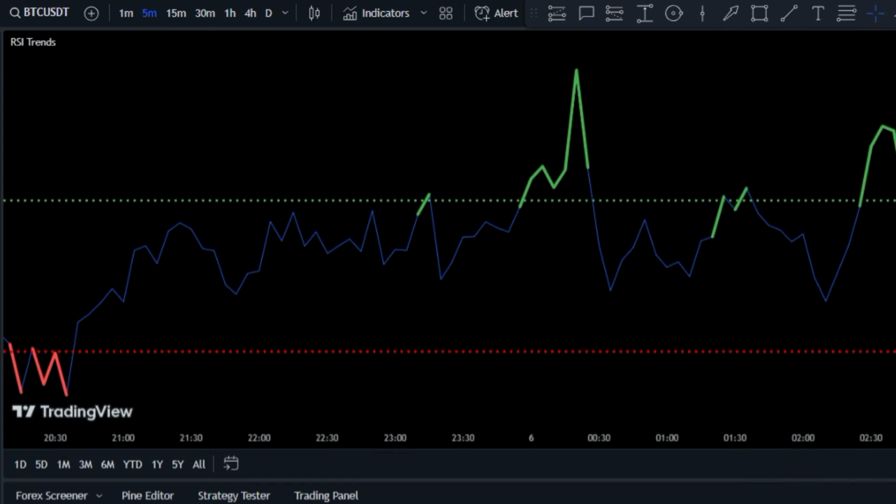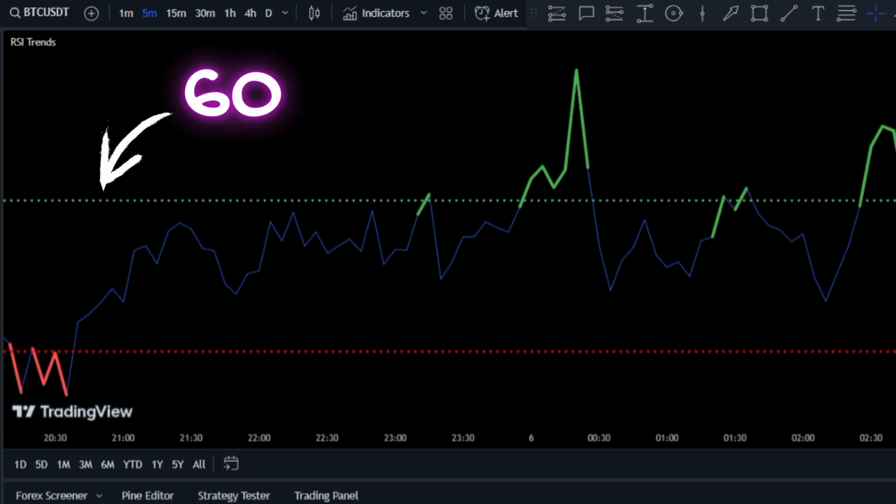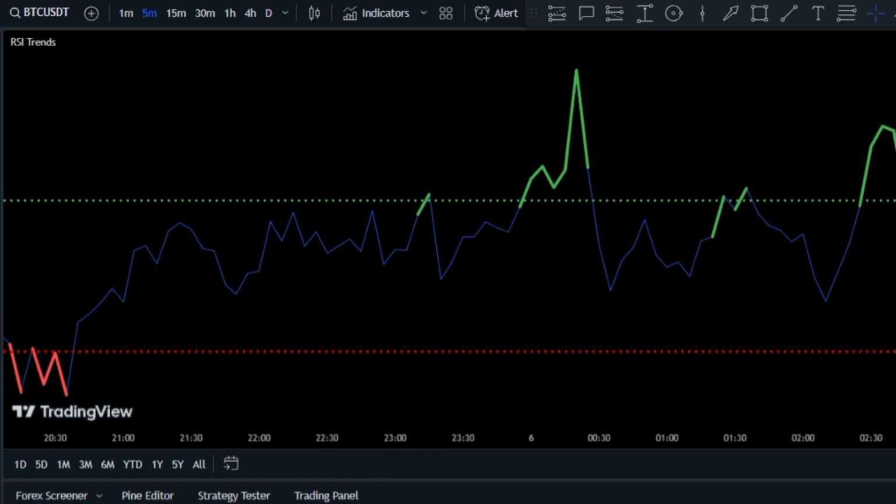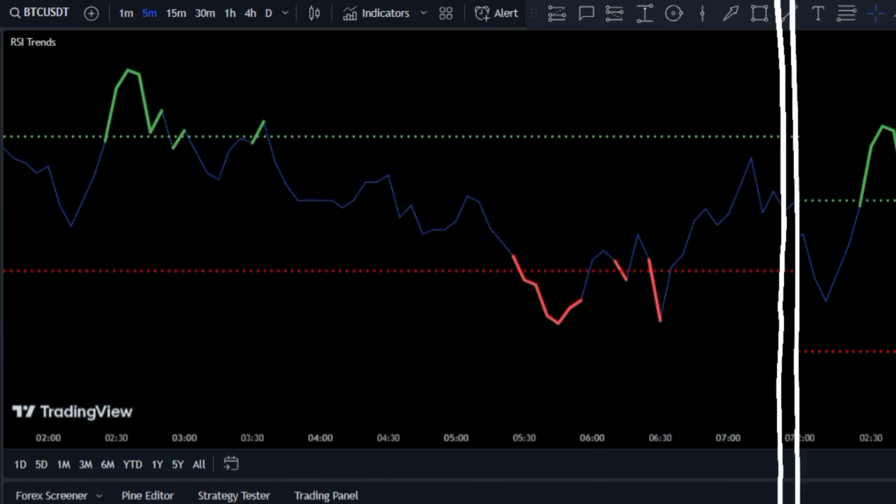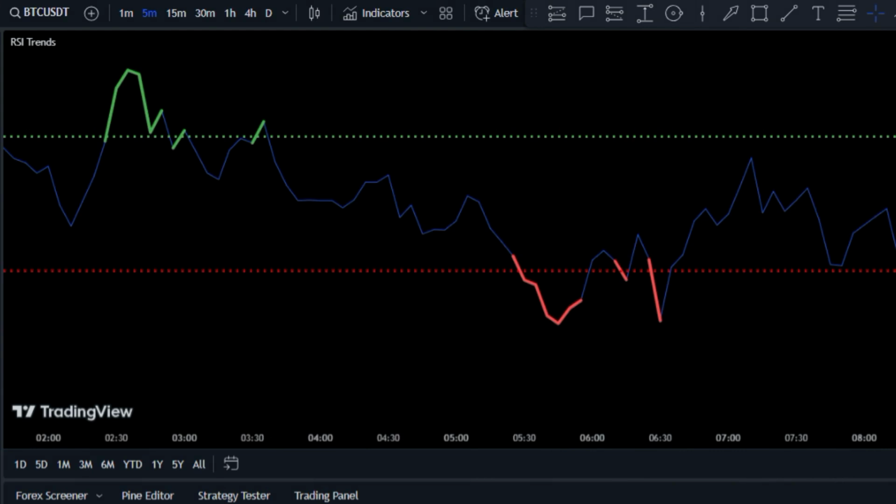The indicator is quite fascinating as it features two bands, an upper band at 60 and a lower band at 40. To confirm a bullish trend, we need the RSI line to be colored green and positioned above the upper band. On the other hand, to confirm a bearish trend, the RSI should be colored red and situated below the lower band. It really is that straightforward.